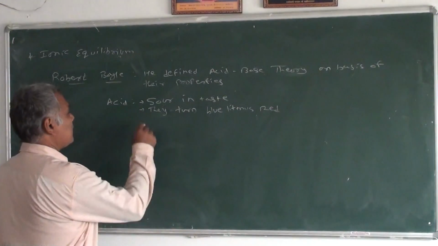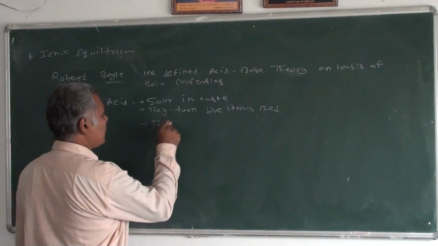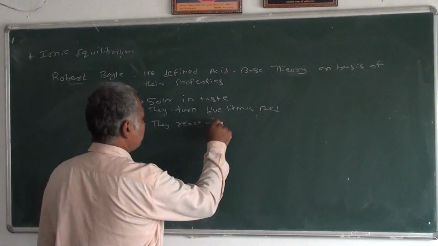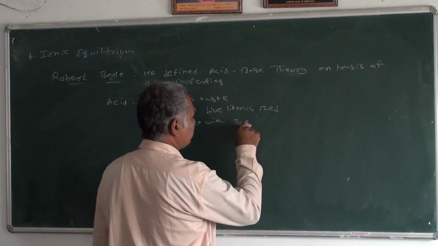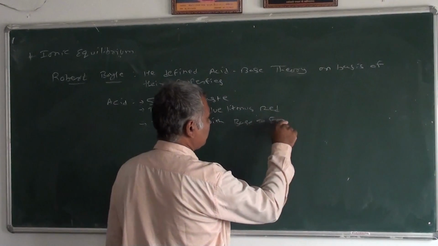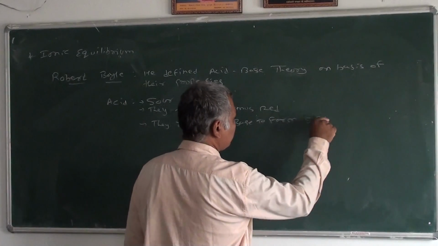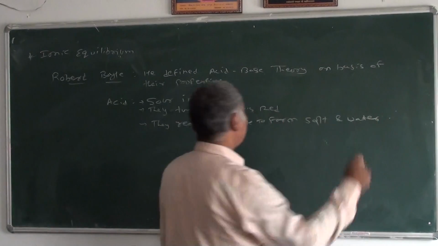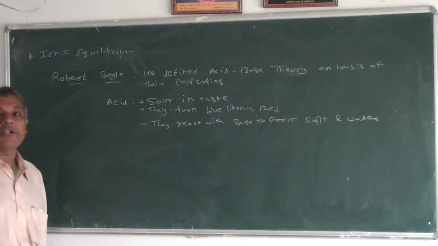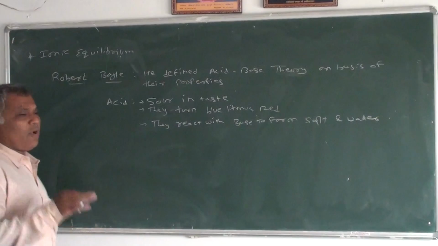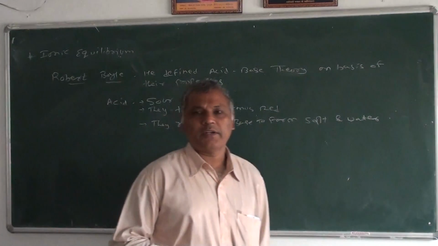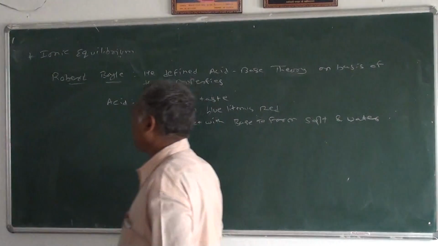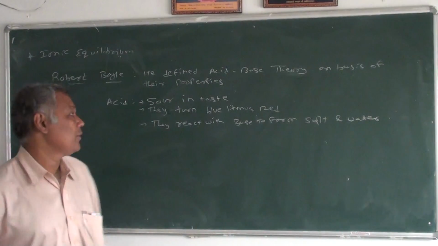And the third one, they react with base to form salt and water. We have already studied these things in our lower standard, so nothing is new for us at present. But step by step we will again realize something different.